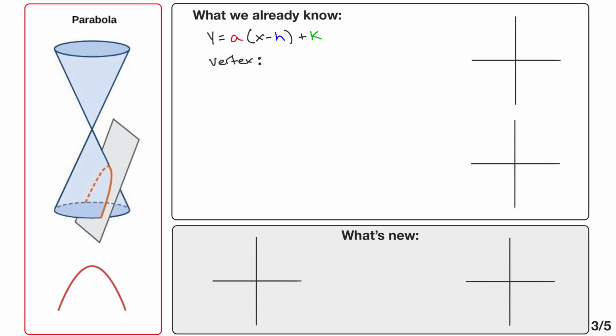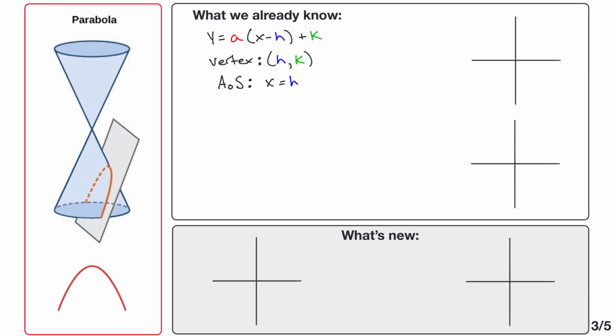The vertex is a coordinate (h, k). So it's whatever the h value is, comma, whatever the k value is. And then we also know the axis of symmetry is going to be an equation because it's a vertical line: x equals h.